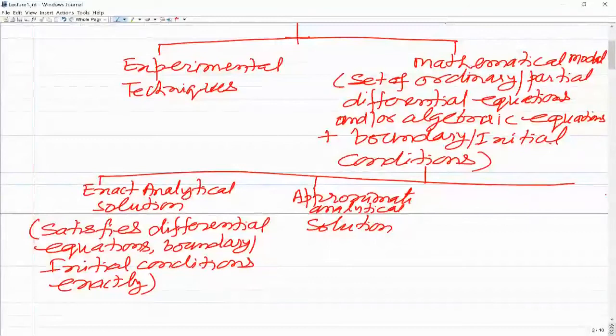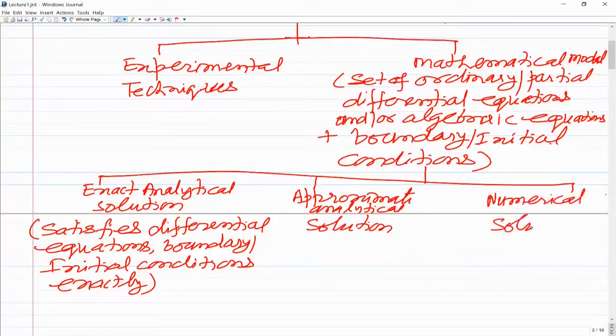Although compared to exact analytical solution we can obtain approximate analytical solutions for a wide range of problems, that is also restrictive in terms of accuracy, and in obtaining the solution for the entire system if the system is quite complex. So then the most commonly used tool is the numerical solution. These are also approximate solutions.